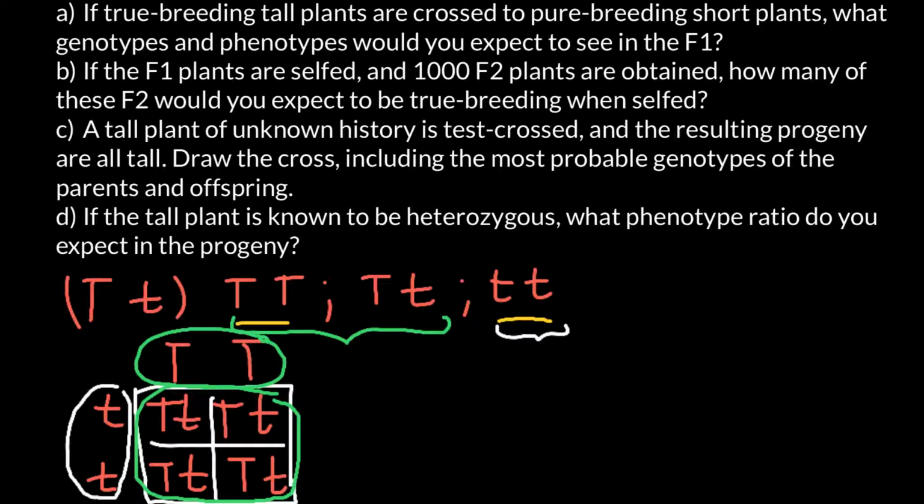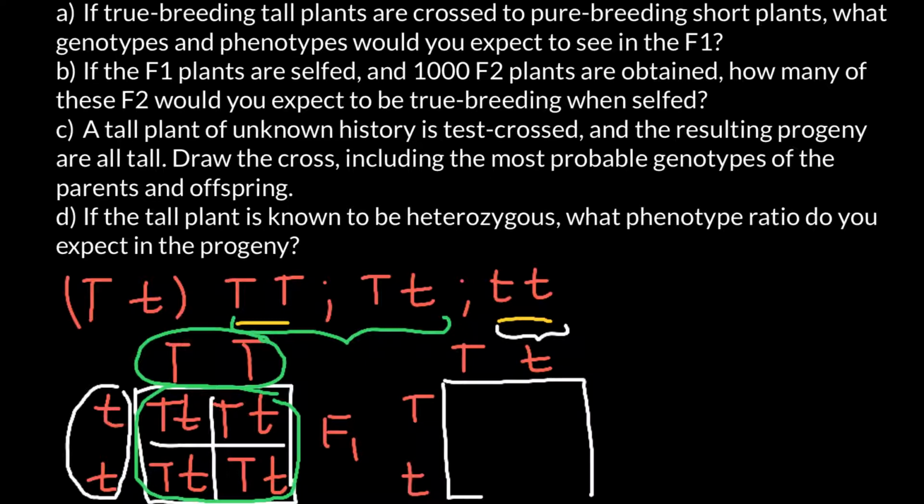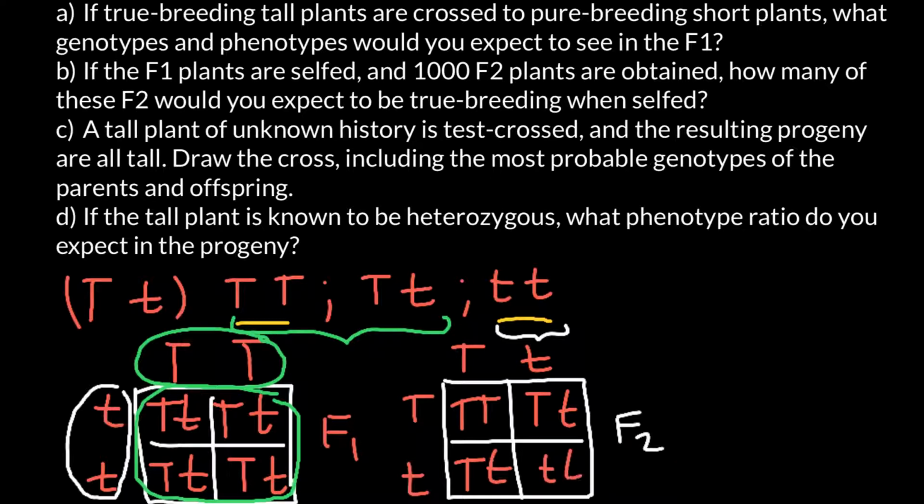Once again, this is our F1 generation, and if we cross two plants from the F1 generation, here are the genotypes we expect in the F2 generation: capital T capital T, capital T small t, capital T small t, and small t small t.